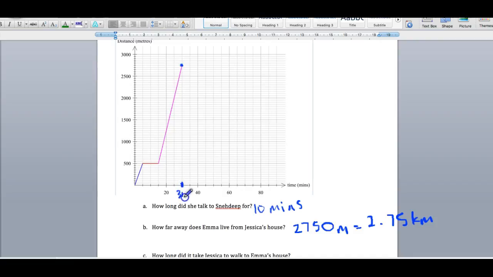So it took her 30 minutes to walk there. It doesn't matter that she talked to Sneedeep here. So all up, it took her 30 minutes. Okay, so it's quite fast walking considering she spoke to Sneedeep for 15 minutes. But anyway, let's move on.